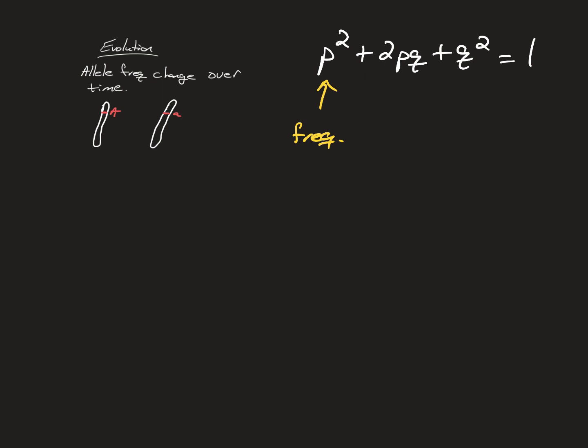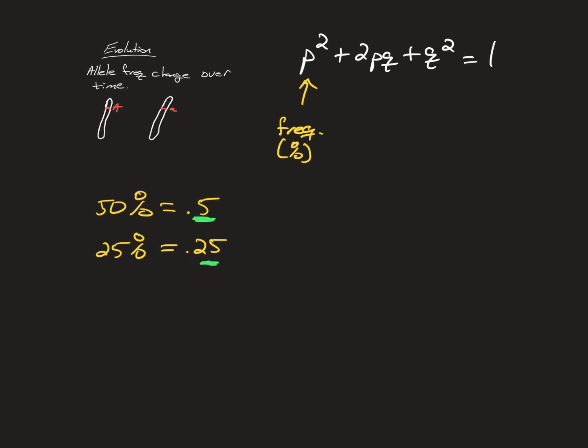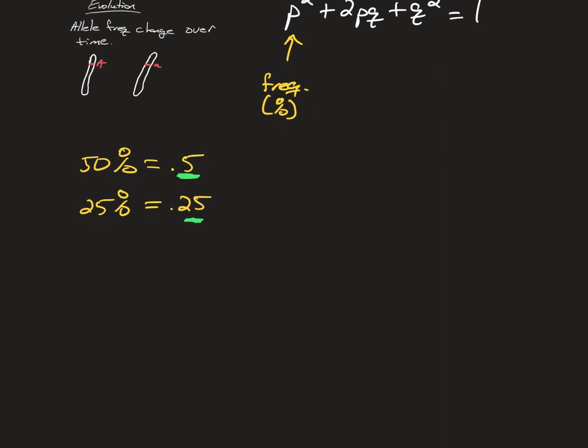Remember, percents can be decimals, like 50% is equal to 0.5, right? 25% is equal to 0.25. It's the decimal times 100% would be the 50%. Does that make sense? Mathematically, that's how this all works out.